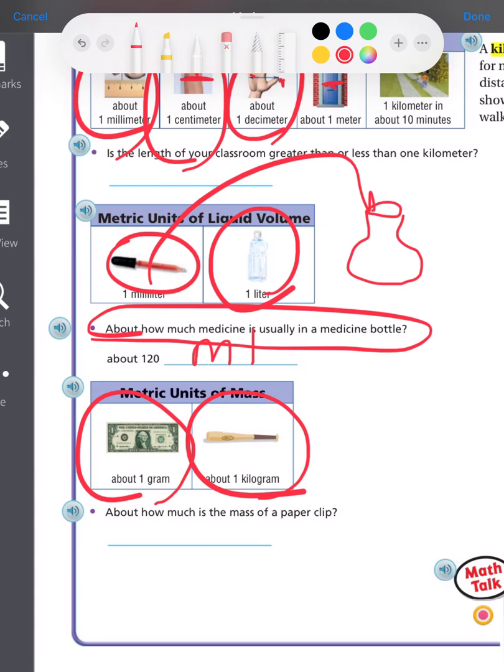But when we're talking about mass or how much it weighs, a baseball bat would weigh about a kilogram. So when you think about how much is the mass of a paperclip, that's closer to the weight of a dollar bill, not the weight of a ball bat. So I would say gram.